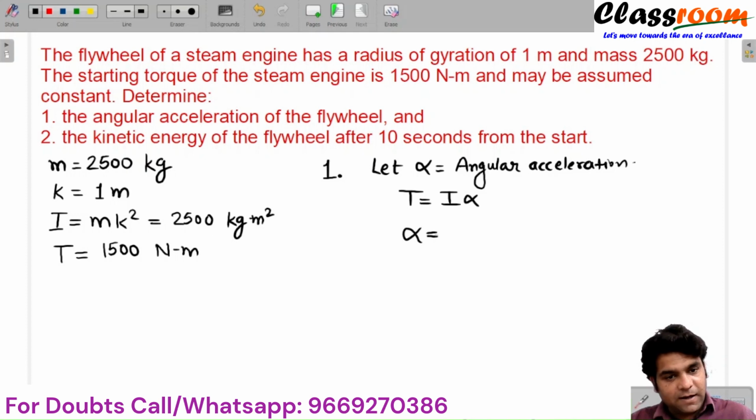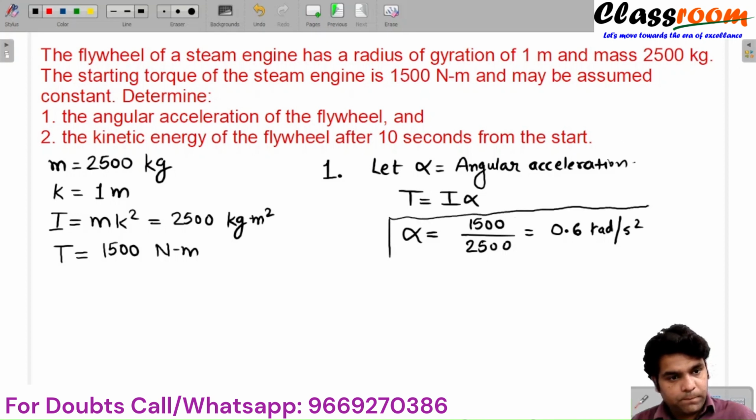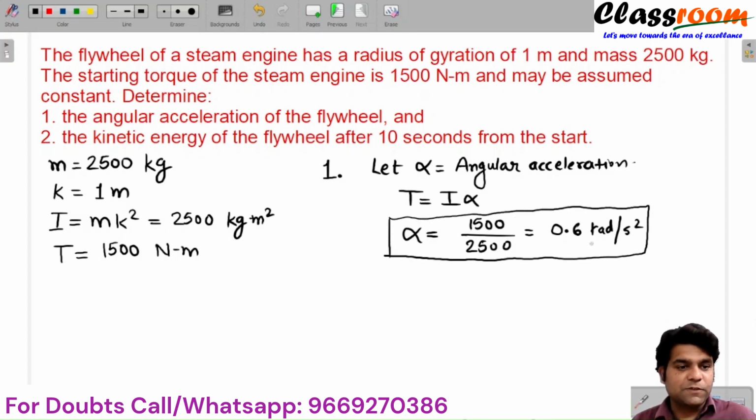Simply, alpha is equal to torque 1500 by I, 2500, which is 0.6 radians per second square. This is your first answer, a very simple mechanics problem.